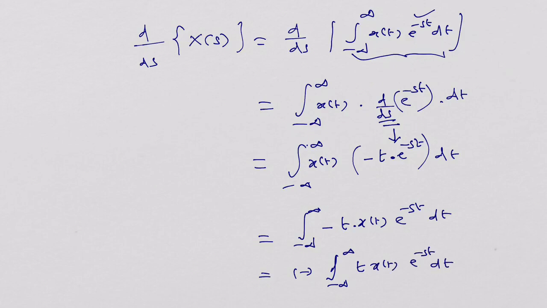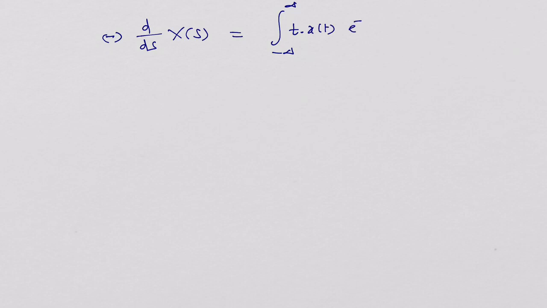What is available on this side? It is the result of differentiation of X of s with respect to s. From this expression, the property is derived. What is the property? Very simple. If I take minus to this side, d by ds of X of s is equal to the integral from minus infinity to plus infinity of t into x of t e power minus st dt.